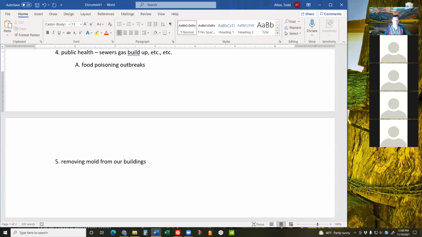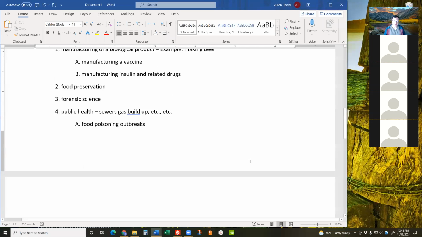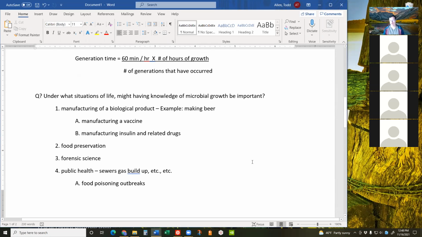Okay. All right, so lots of things can be done with some information about the growth characteristics of a microorganism. That's what you've shown to yourself through this brainstorming activity.